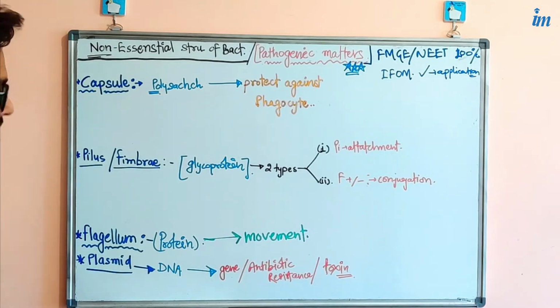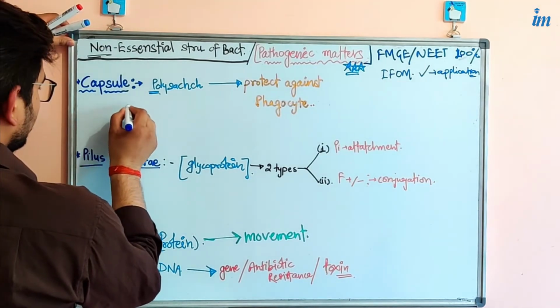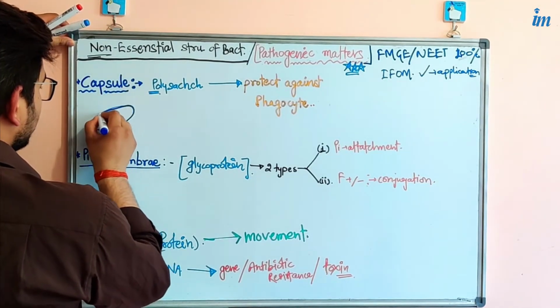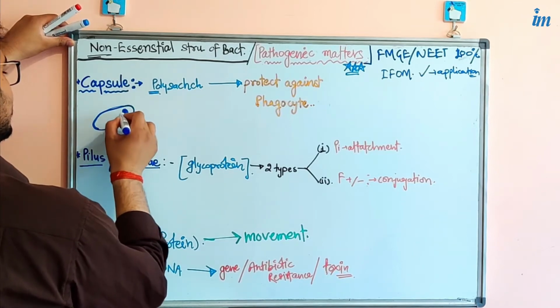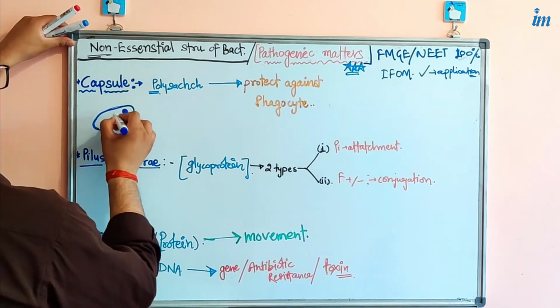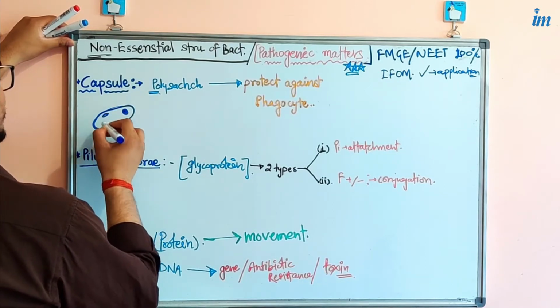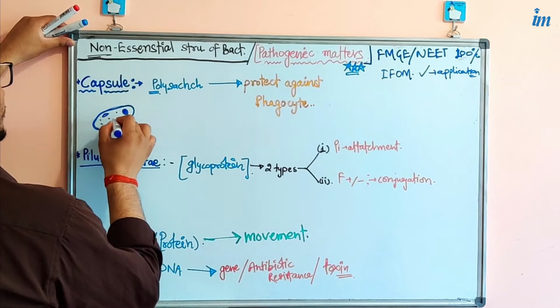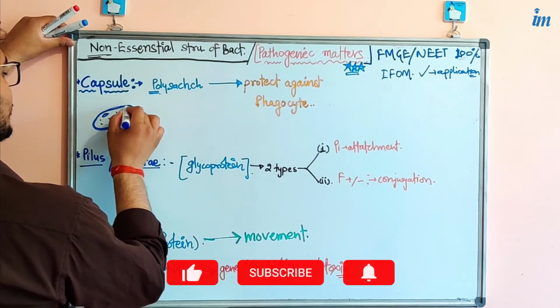The very famous, the first one, capsule. From the first video I told you, like this is the bacteria, and here you can see the nucleus, and here extra plasmid, cytoplasmic granule, and there is a thick cell wall.